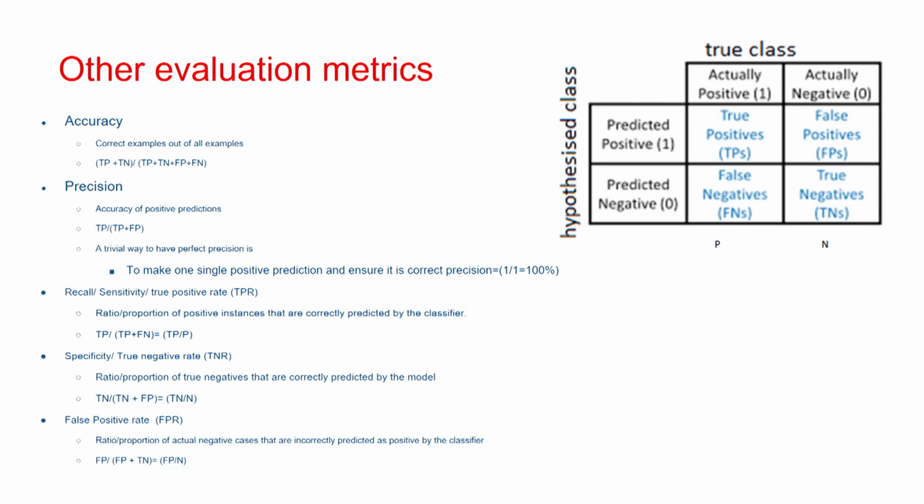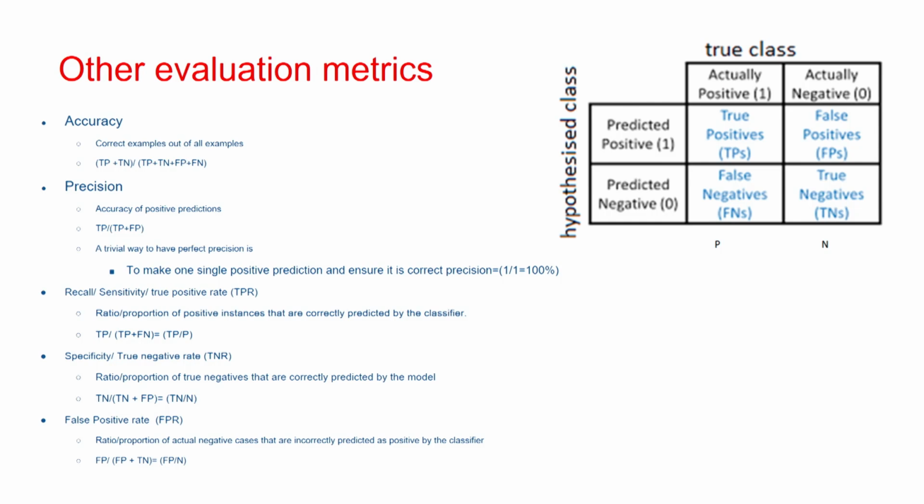The first of them is accuracy. Accuracy is nothing but the correctly classified examples in the data set. We can find this by summing true positives and true negatives, and then dividing by all four entries.